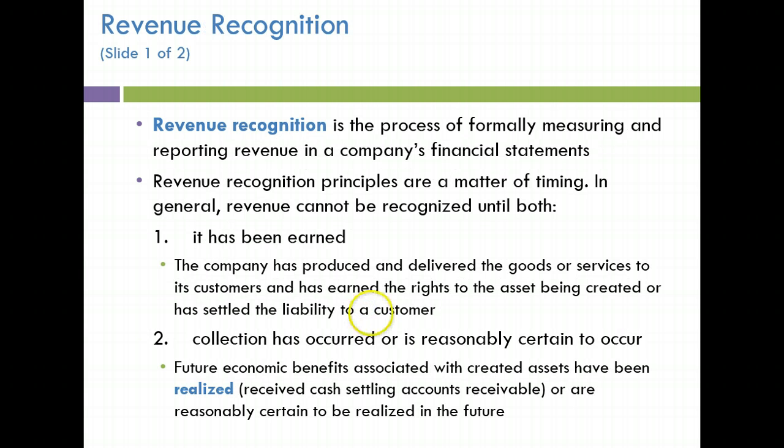Now, we know the revenue recognition principle is basically revenue is recognized when A, it's been earned, and B, when we think we're going to receive the money, when we feel reasonably certain we're going to receive the money.